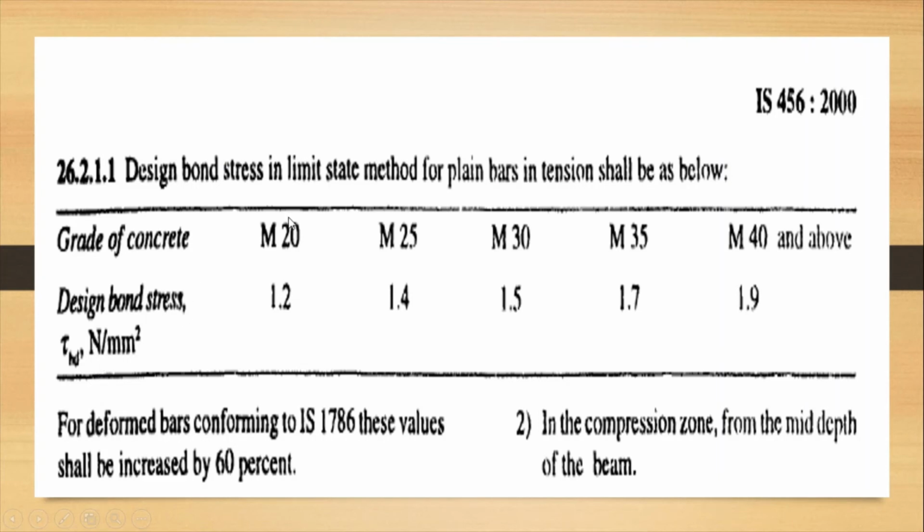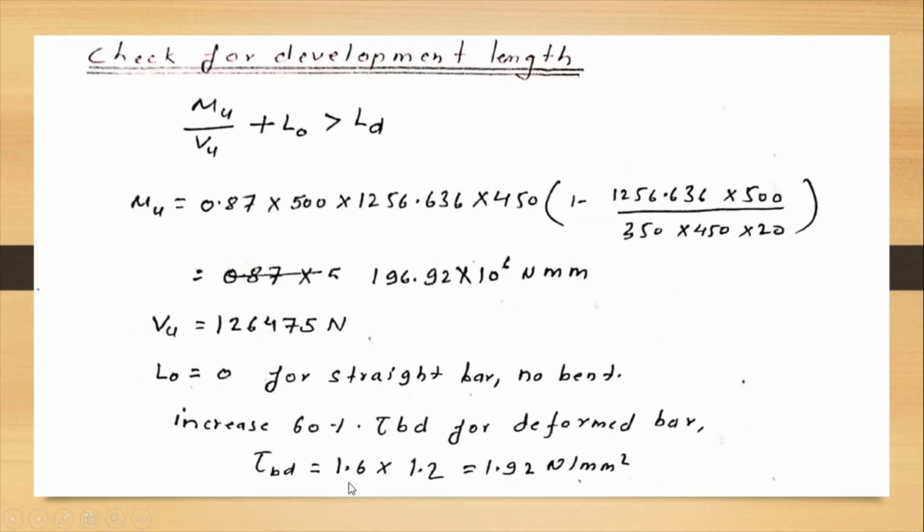For M20 we have 1.2, but for deformed bars we have to increase tau bd by 60 percent. That's what I'm doing here. Tau bd is equal to 1.6 into 1.2, where 1.2 is for M20 and I'm increasing by 60 percent. Here I have written as well, increase tau bd by 60 percent for deformed bar. Finally I'm getting 1.92 Newton per mm square.